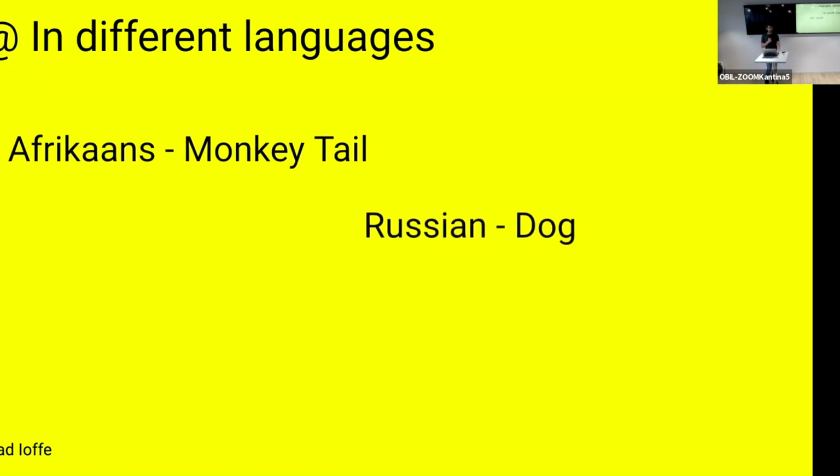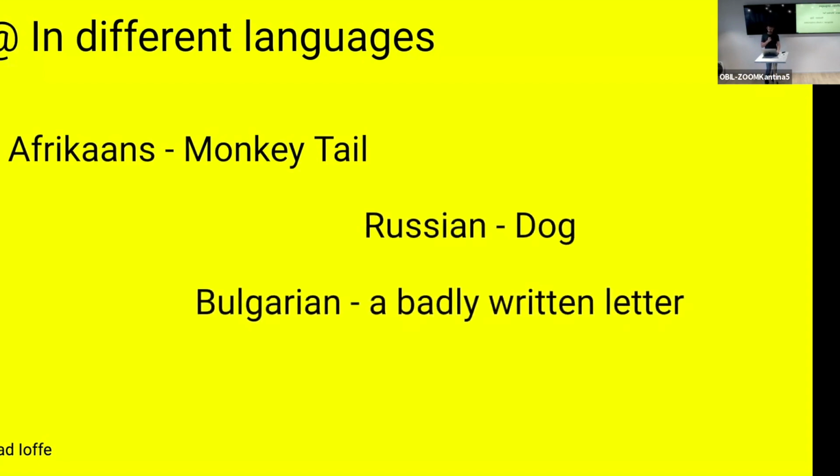In Russian, it's a dog. In Bulgarian, it's a badly written letter. In Italian, it's a snail. So I don't see any common ground for all those. And if you want to find any other names, you can Google it, and there are about 100 different names for the @ sign. The things you find on the net.